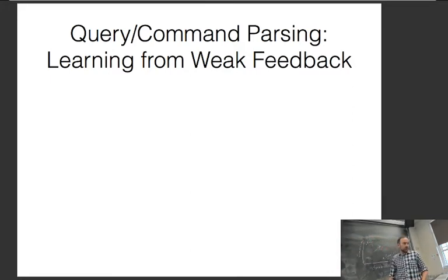So one of the reasons why semantic parsing is hard is because we don't have enough annotated semantic parsing data. So we basically need to do tricky things like generate more data. But in some cases, we can't even get any annotated data, or it would be extremely costly to get a significant amount of it.